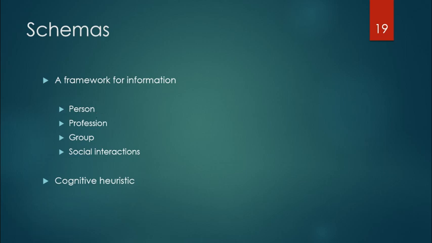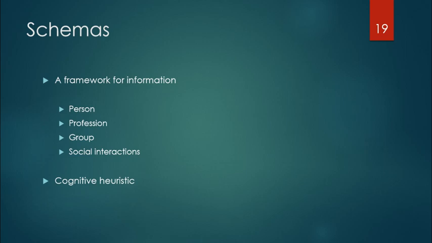So if you think about mother, you have a schema for what a mother is. It might be a very caring or nurturing person, might be someone who's middle aged. We typically don't think of mothers as very old or very young. They usually fit a specific age range.